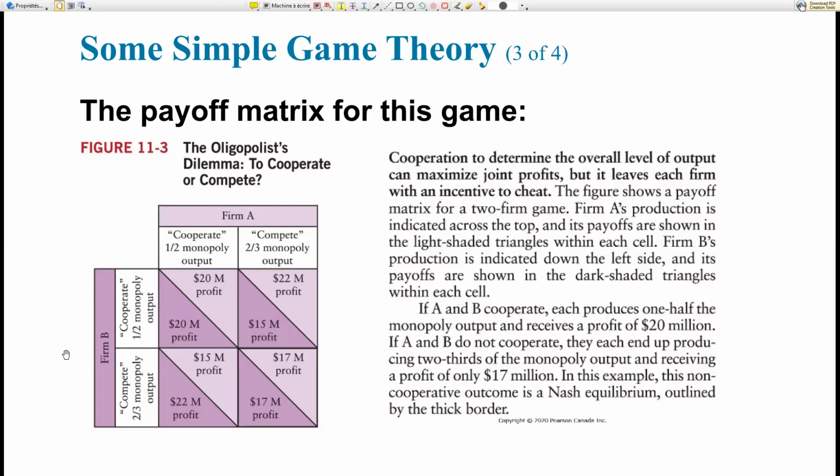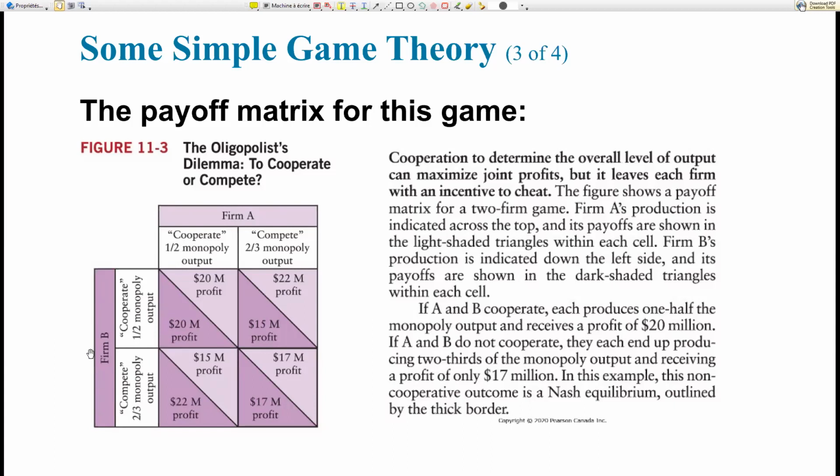It's simultaneous because you have one player here, one player there, and they don't really react to what the other firm is doing.